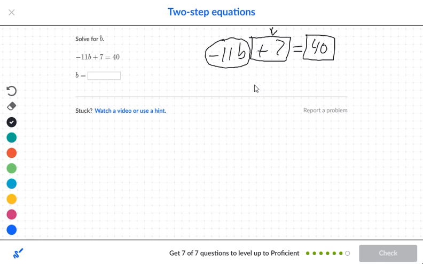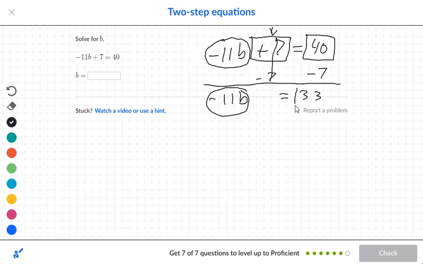So we want to take the opposite of a positive 7, which would be a negative 7. These will cancel out. This leaves me with the negative 11b is now equal to, if I do check this, I got a circle equal to a box.